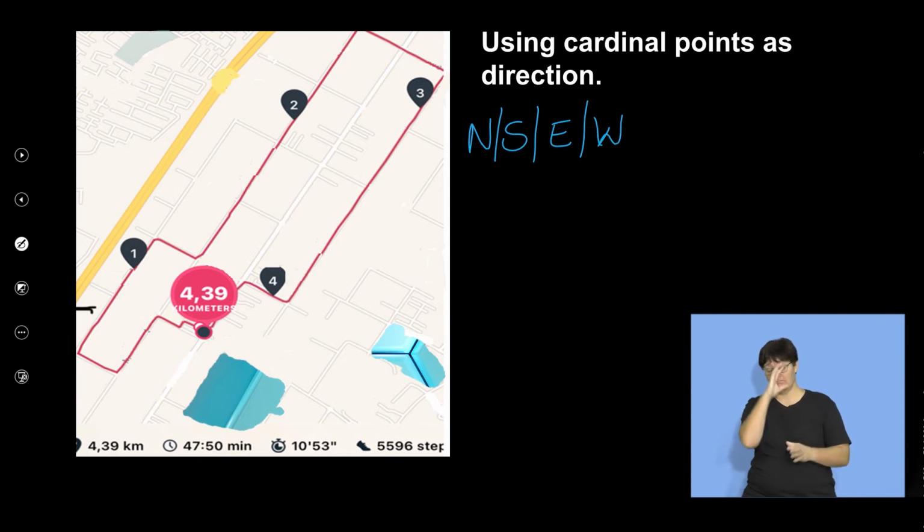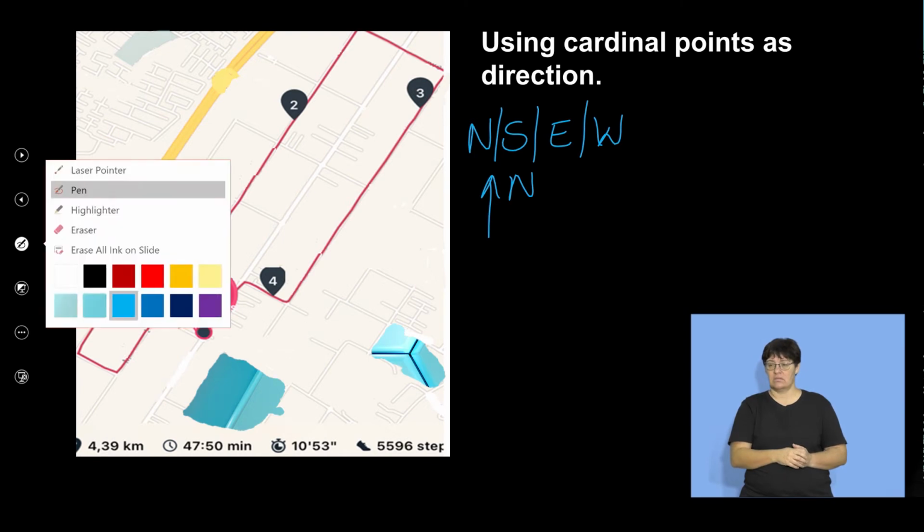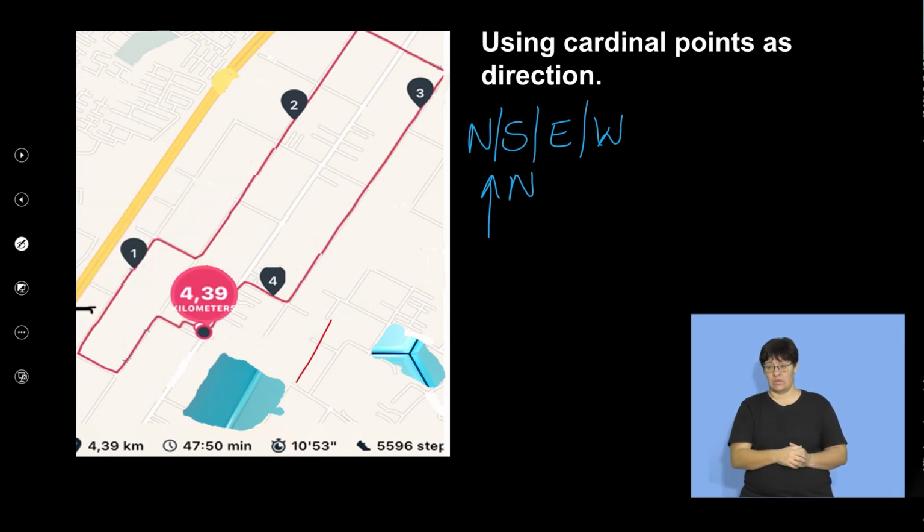Here I need you to pay attention, because when we look at a piece of paper, it's ingrained in us, we automatically think north must be up. But it doesn't have to be, and I've done this deliberately. So I know from this map that north is actually there. North points this way, okay? This is a street map. I don't have to twist it so that north goes up.